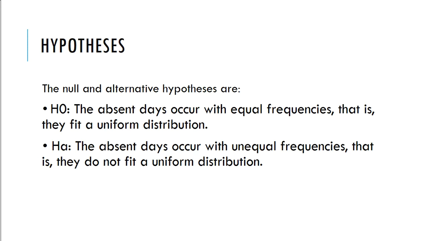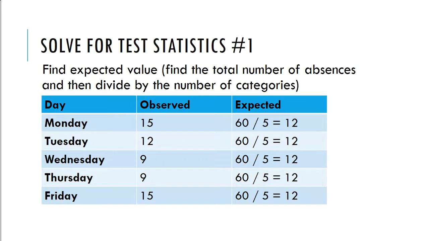Because what it means is Monday will occur at the same frequency as Tuesday, Wednesday, Thursday, Friday. Your alternative is the absent days occur with unequal frequencies. That is, they do not fit a uniform distribution. It's that easy. Or I could have said that the percentage of Monday equals the percentage of Tuesday equals the percentage of Wednesday, the percentage of Thursday, the percentage of Friday. It just depends on what's comfortable for you to write.